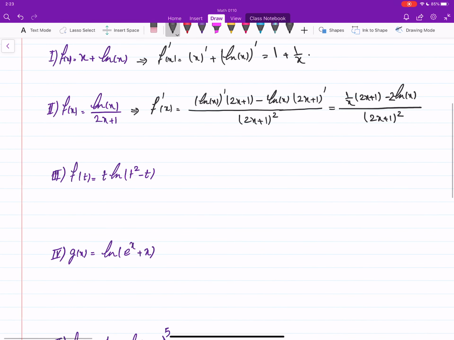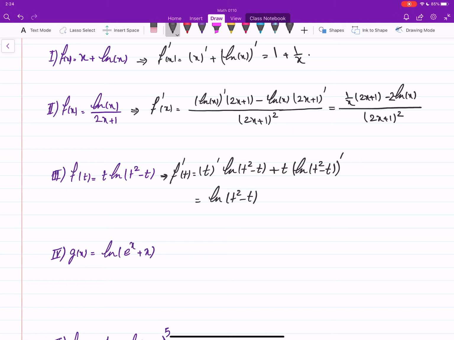This one, f of t. So f prime of t, this is product rule, yes. So derivative of the first one times the second one plus the first one times the derivative of the second one. Derivative of t is 1, so we have ln of t squared minus t as the first summand. The second one, t times. Okay, so this is not ln of t.